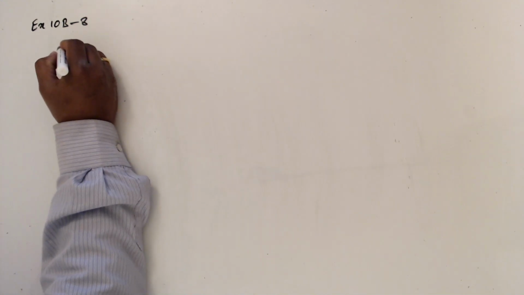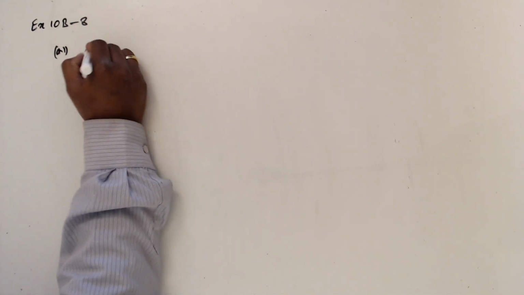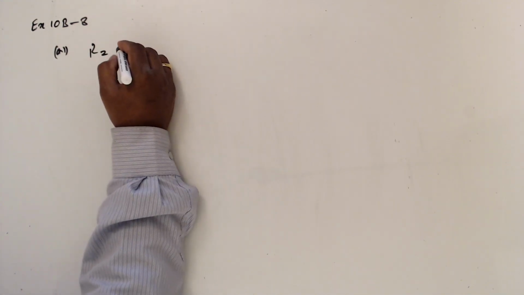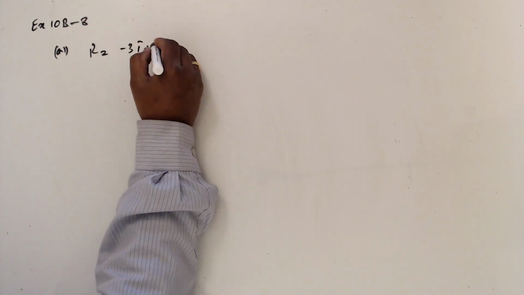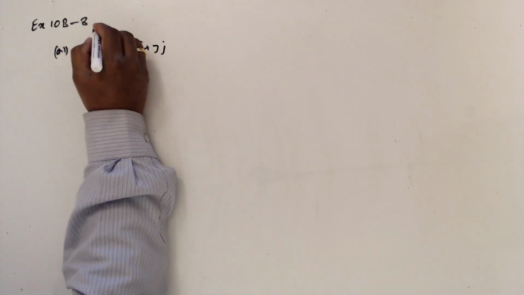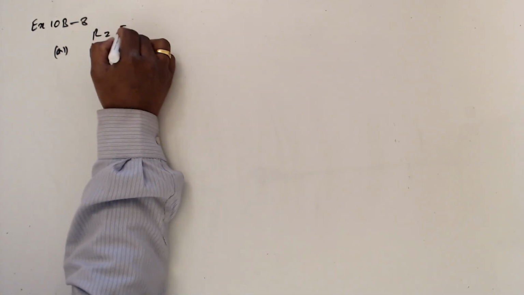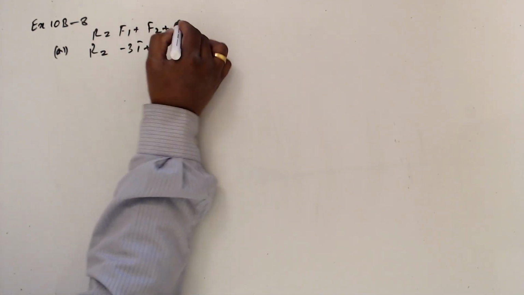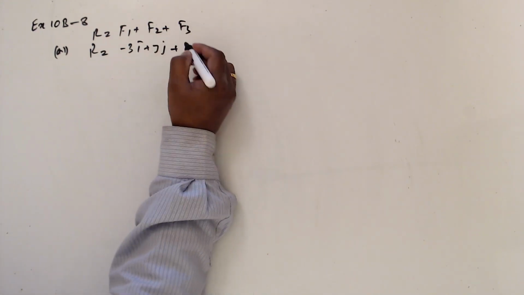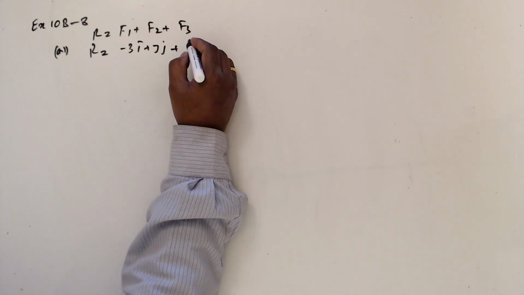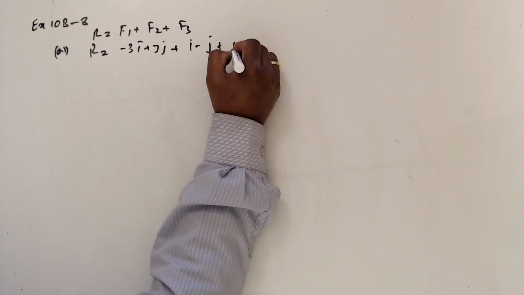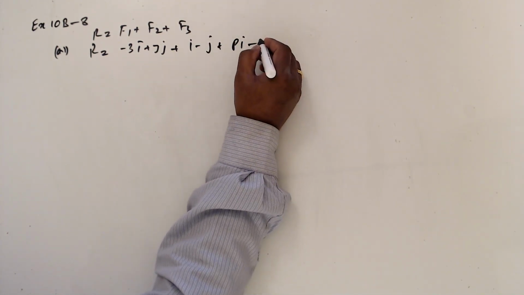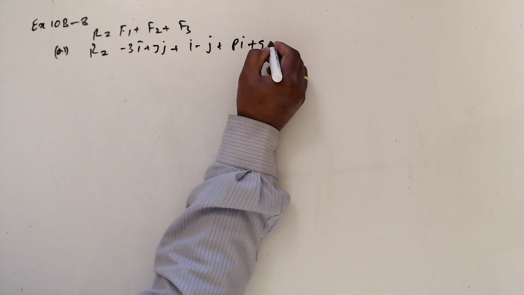Question 8, part A. Three forces in equilibrium, so R equals F1 plus F2 plus F3. F1 is minus 3i plus 7j, F2 is i minus j, and F3 is Pi plus Qj.